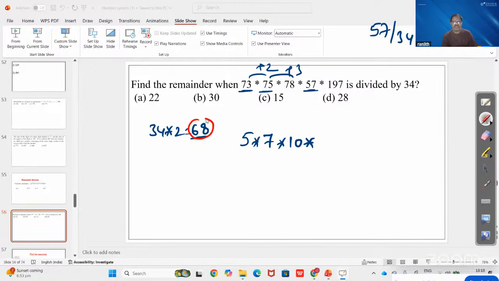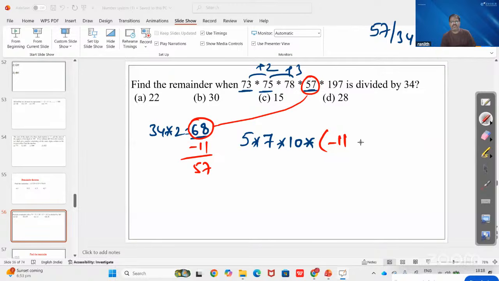What is the difference of 68 and 57? How much value we need to subtract to get 57 from 68? Minus 11. So 68 minus 11 equal to 57.